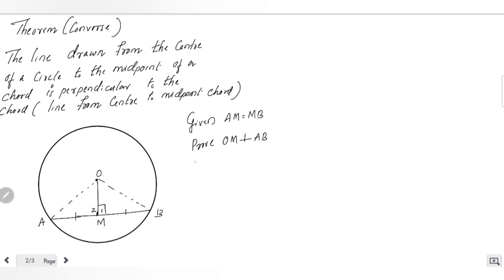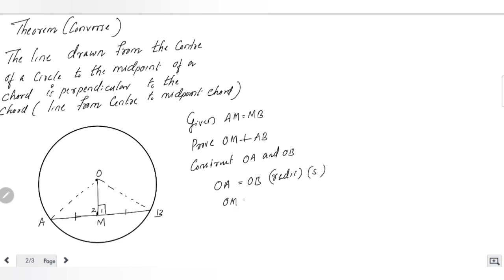Proof. So here also construct OA and OB. They are the radii, isn't it? So how do you prove it? I will write the proof here. OA is equal to OB, because they are radii, right? So one pair of sides is there.